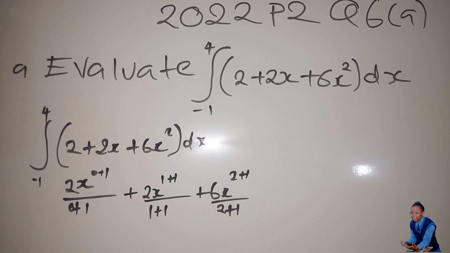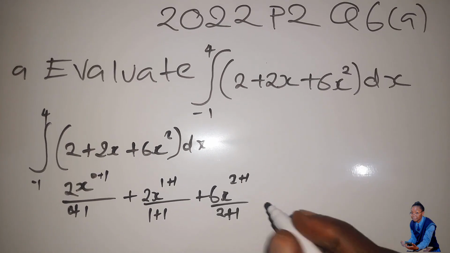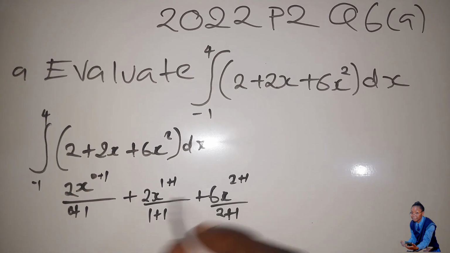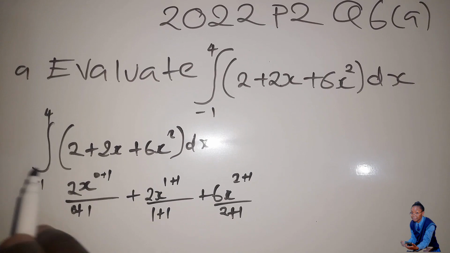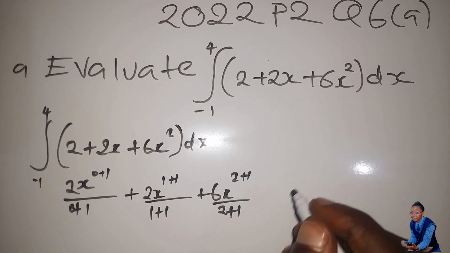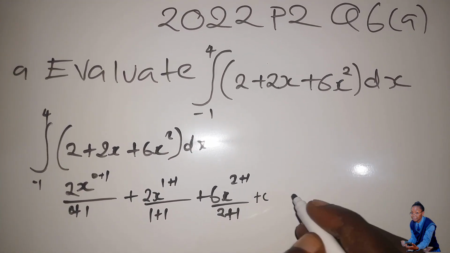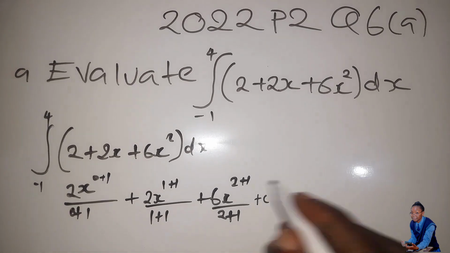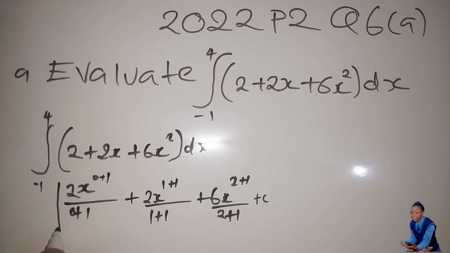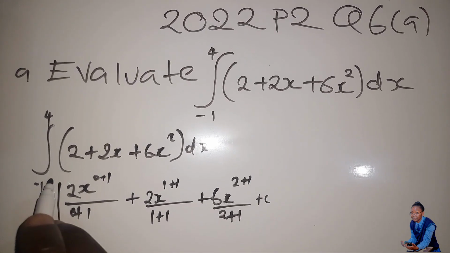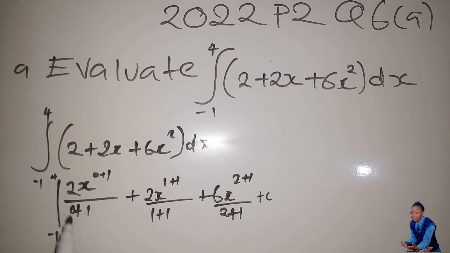Plus c. Now, since these are definite integrals, c will cancel, but let me just add plus c so that you understand. We have the lower limit as -1, the upper limit as +4.